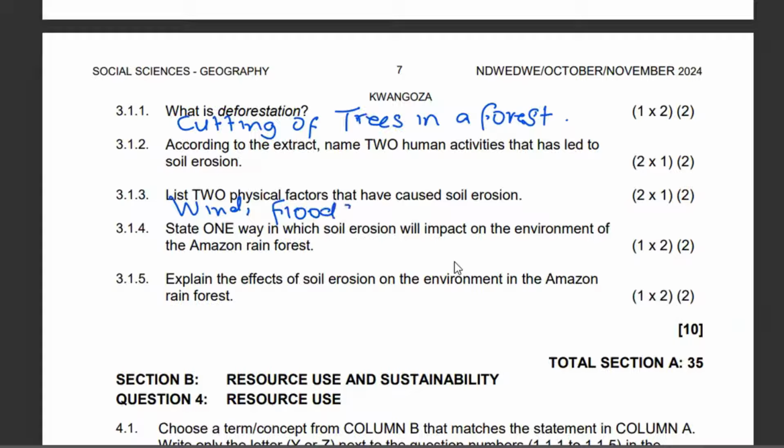These are natural physical factors. You talk about rains. And then state one way in which soil erosion will impact on the environment of the Amazon rainforest.